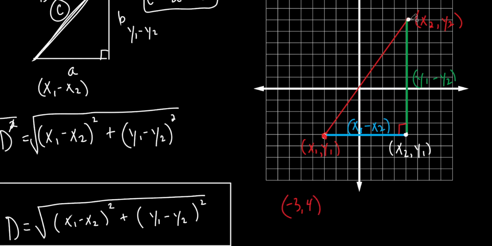What's this point right here? Let's count. 1, 2, 3, 4, 1, 2, 3, 4, 5, 6. So 4, 6. See what I'm doing? Just trying to find this point and find the length, the distance between them. That would be the length of that line segment, wouldn't it?